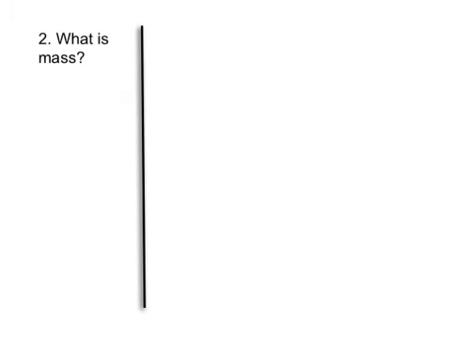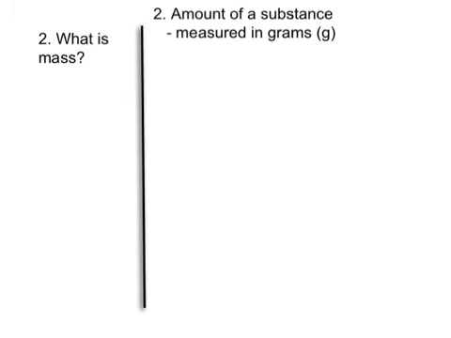Our second question is, what is mass? Fairly simple question. You should probably all know what mass is. It's what we measure when we're measuring substances or objects on a scale or balance. Mass is the amount of a substance. When you're measuring on a scale, you're measuring how much of a substance you have, and that is its mass.